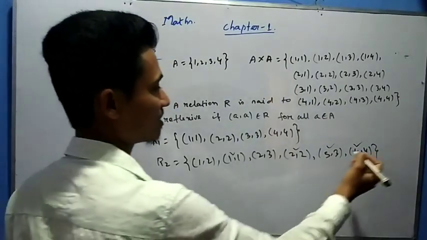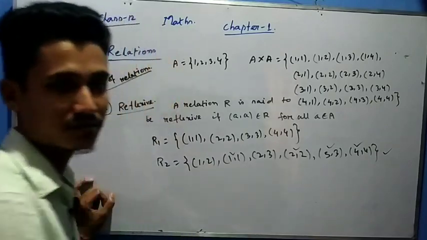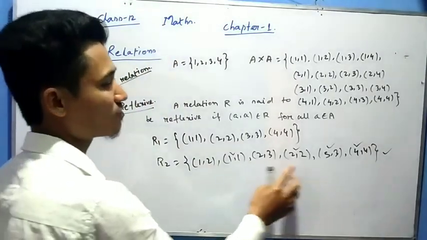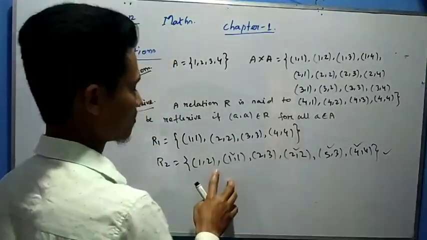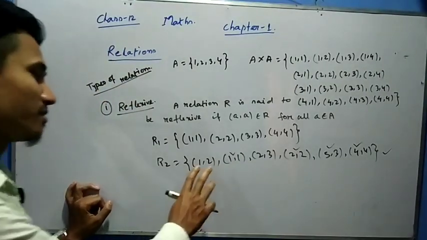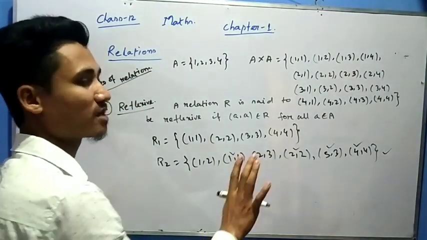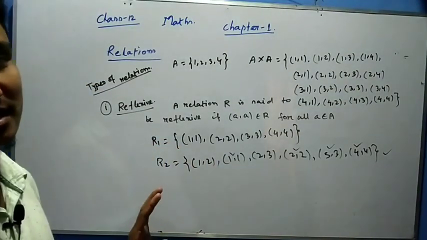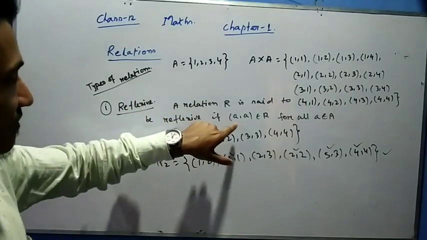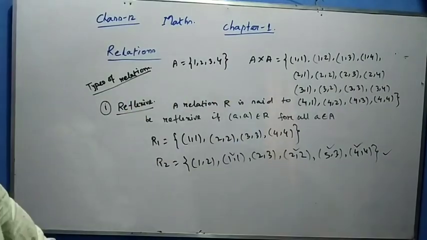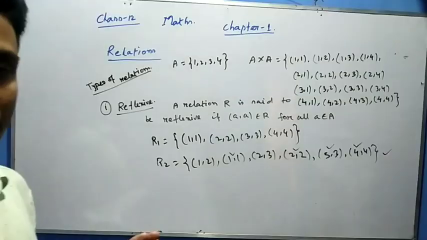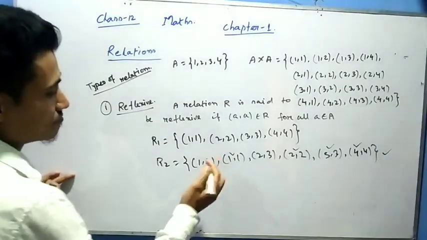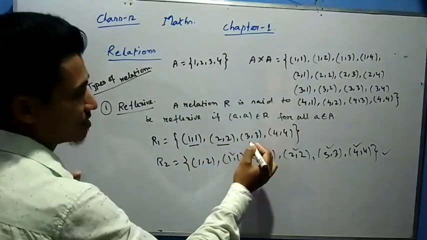So we'll say this is a reflexive type of relation. Understood? Other elements like (2,3) and (1,2) are there, okay, but we don't look at these, because the reflexive definition says that for every element the doublet must be there, only this is the definition of a reflexive relation.